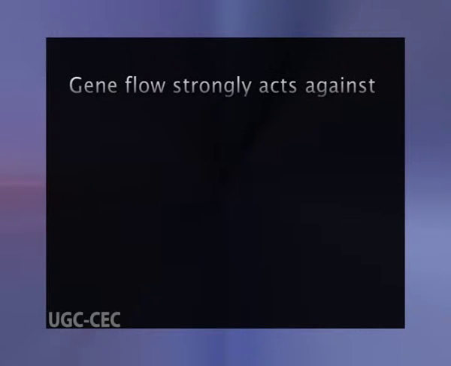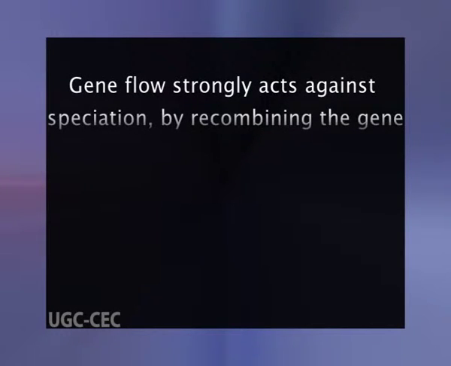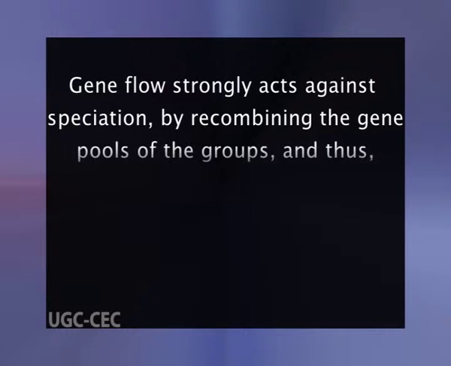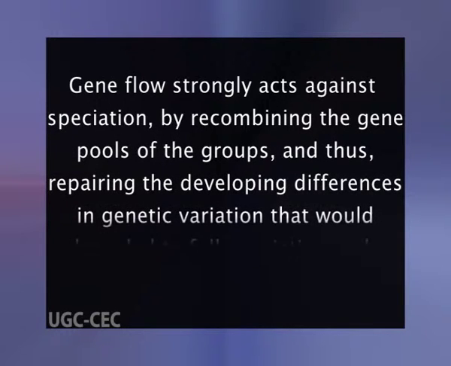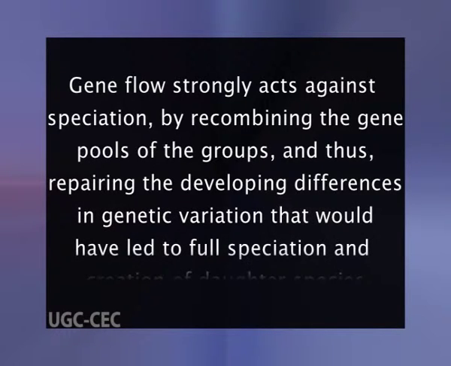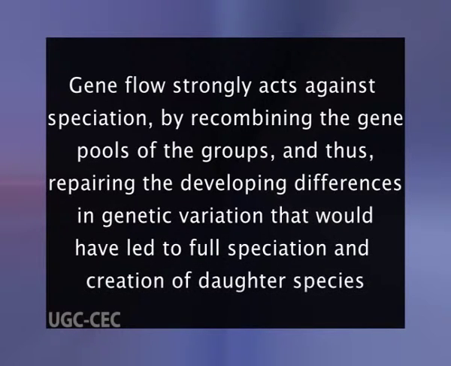Maintained gene flow between two populations can also lead to a combination of the two gene pools, reducing the genetic variation between the two groups. Gene flow strongly acts against speciation by recombining the gene pools of the groups and thus repairing the developing differences in genetic variation that would have led to full speciation and creation of daughter species.